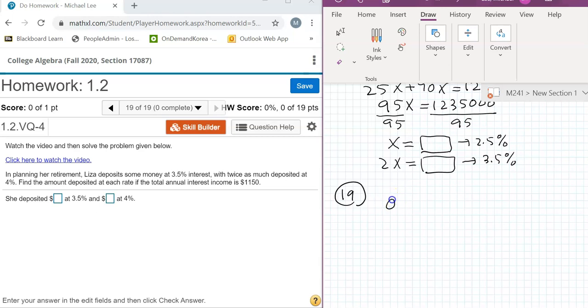So it is 0.035x plus 0.04 times 2x, which is 1150. Okay? So you can click the video and follow the sequence, or you don't have to.